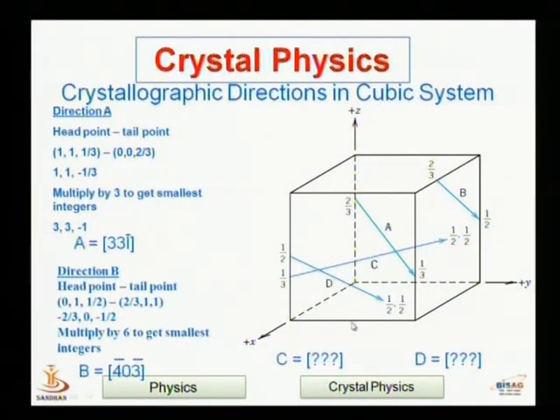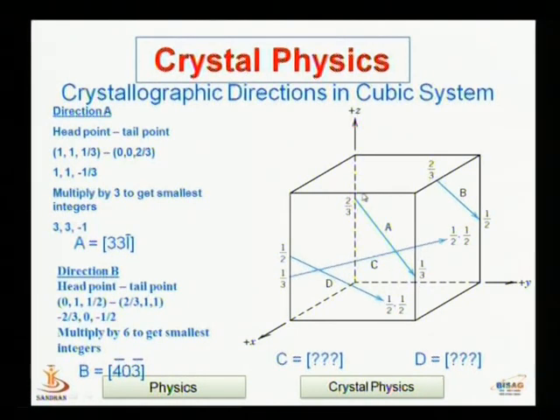Let us take the example of this line A. Suppose this is one reference direction. The head of this vector A is 1/3 0 0 along x, then 1/3 along y.